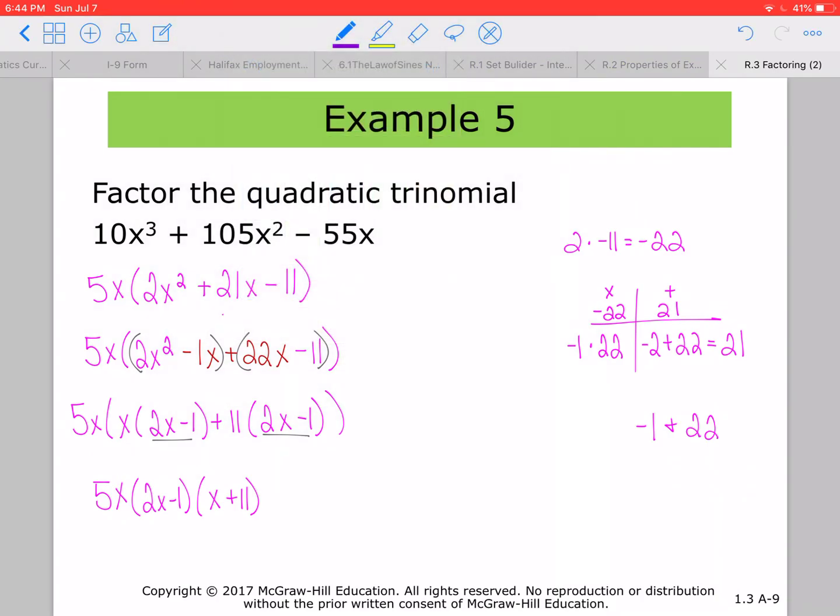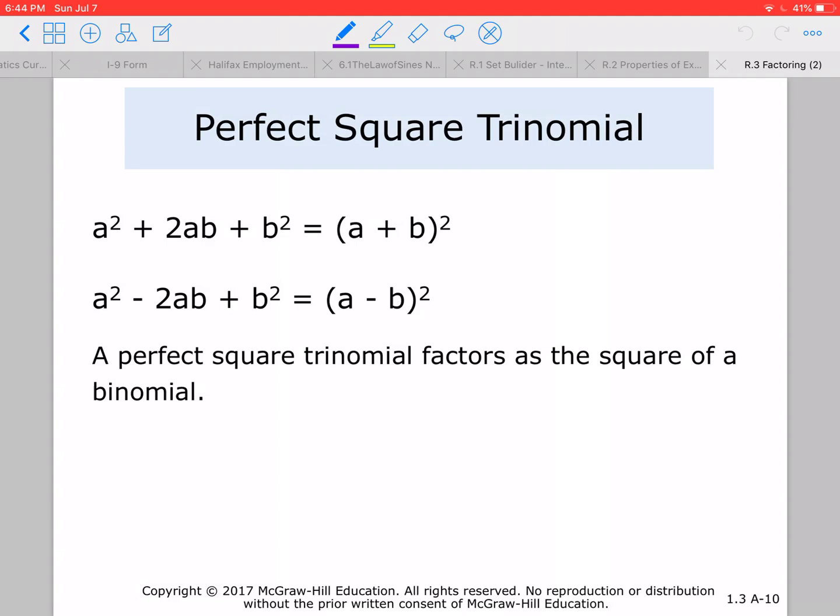Okay, some tricks. Perfect square trinomials. A perfect square trinomial is when you happen to have the first term being a perfect square, like 4, 9, 25, 36, and the last term being a perfect square. And we happen to have that the middle term is 2 times the square root of both of those.